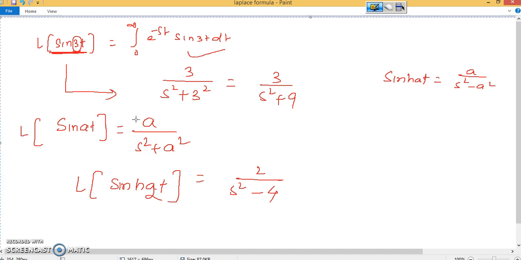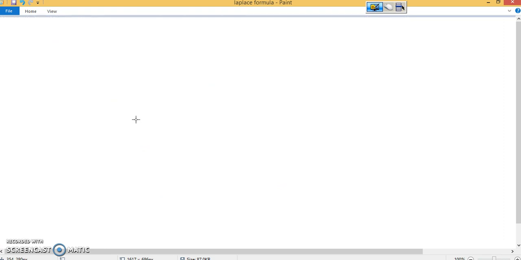Consider the first question: find the Laplace transform of sin square of 3t.